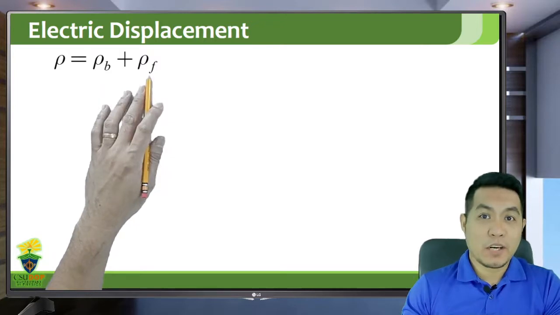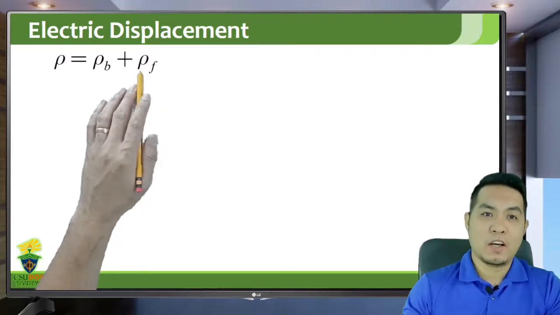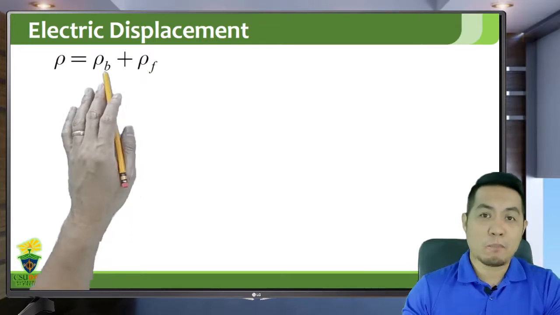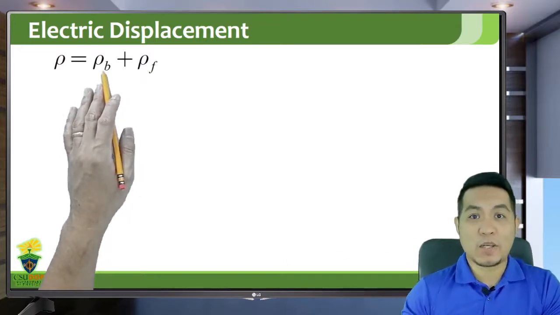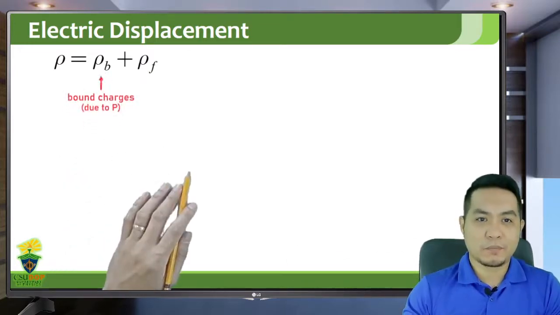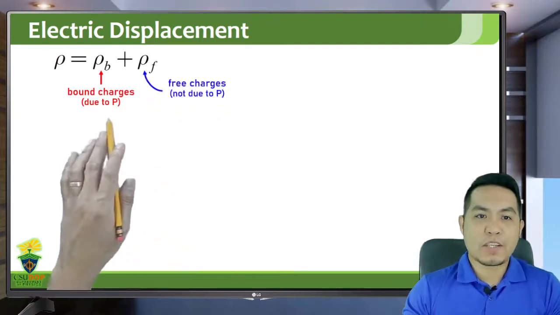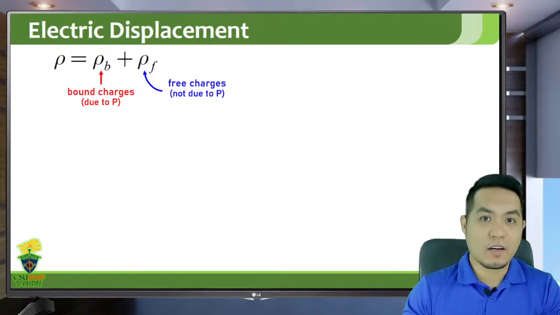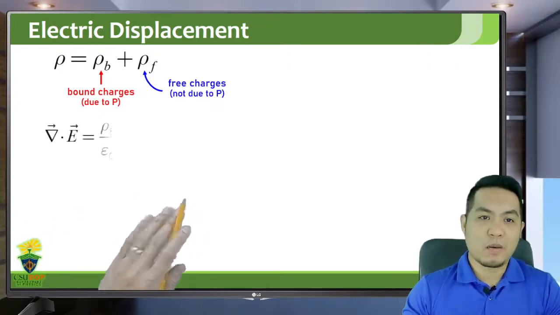You get free charges from conductors such as metals. Since conductors have free electrons, they have free charges. So free charges can be seen in conductors, and bound charges can be seen in insulators or dielectrics. The bound charges are due to polarization, and free charges are not whatsoever due to polarization.